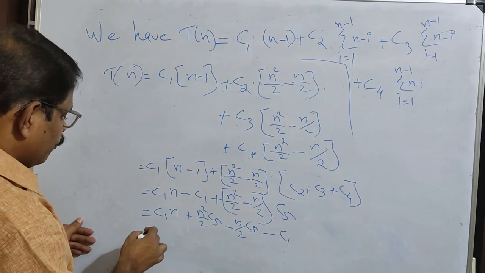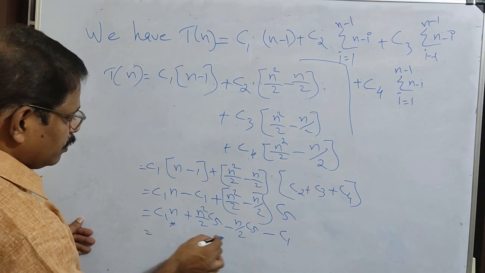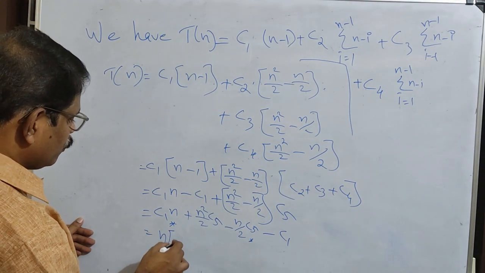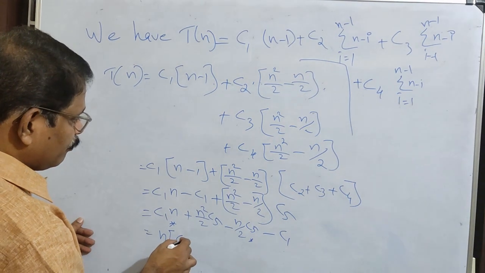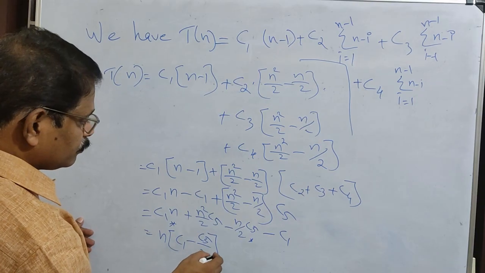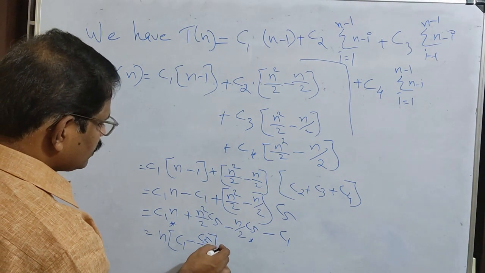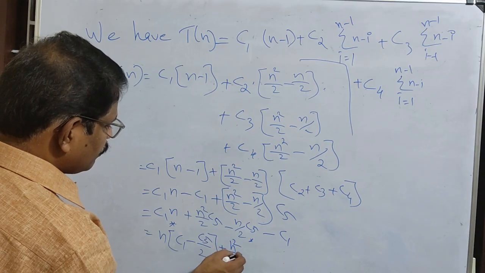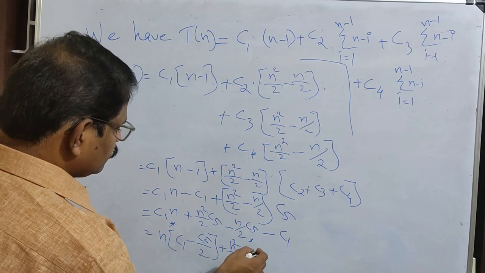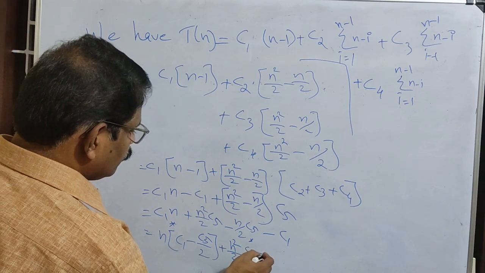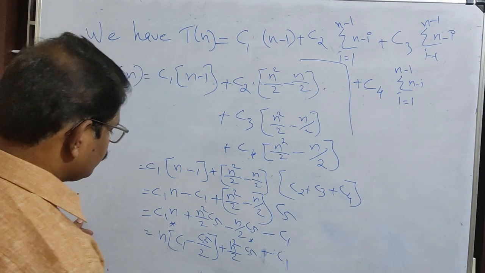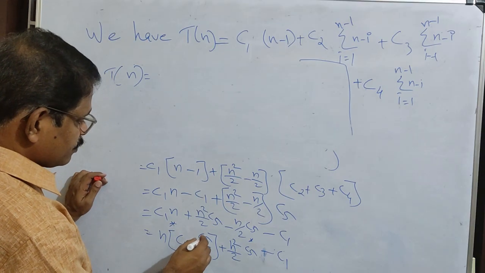If you take n common from this one and this one, you will get n into C1 minus C5 by 2 plus n square by 2 C5 minus C1.